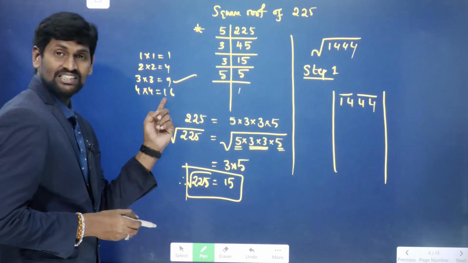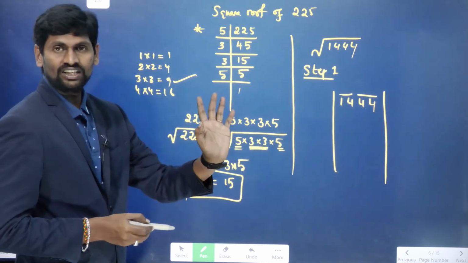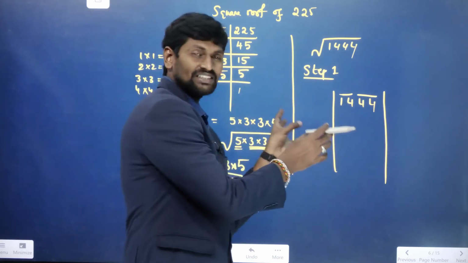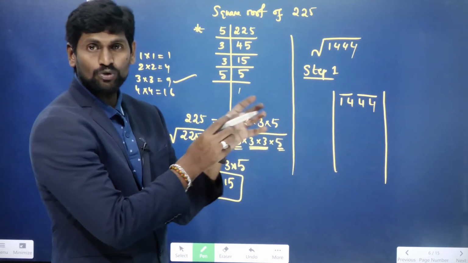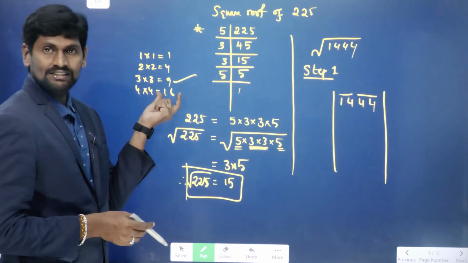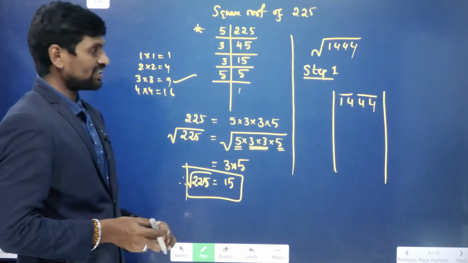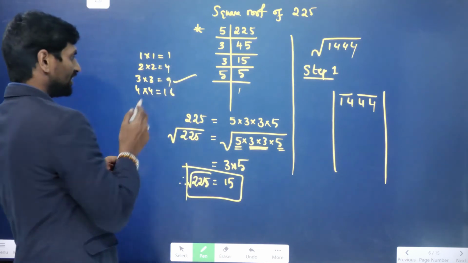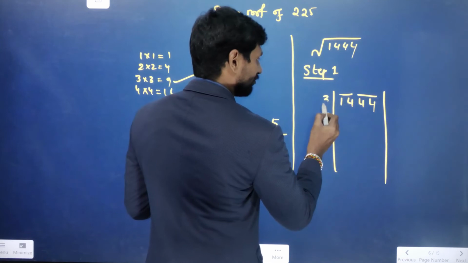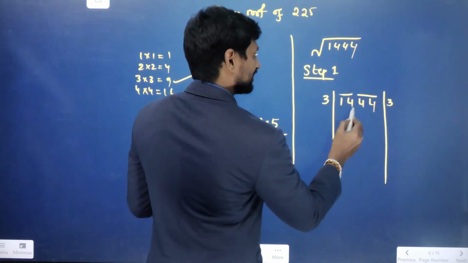Next square number is 16. 16 is more than 14, right? So step 1 is we separate the digits in the number as groups of two digits. Next, we use only the square numbers, such as 2 into 2, 3 into 3, 4 into 4, 5 into 5. Now here the nearer square number is 3 3s 9.